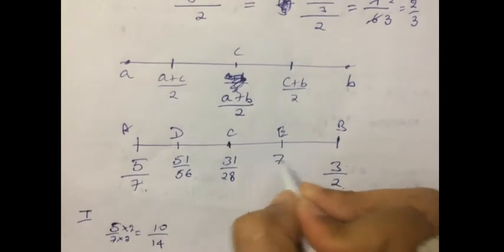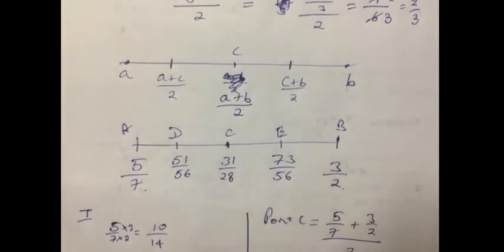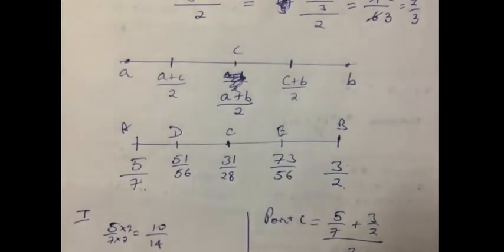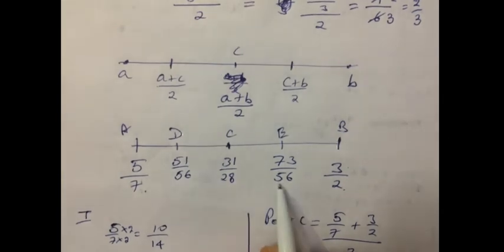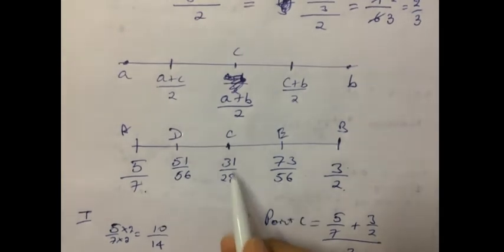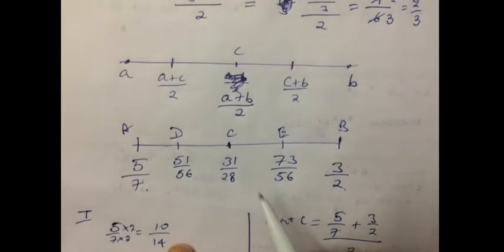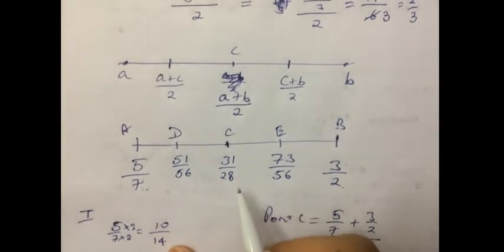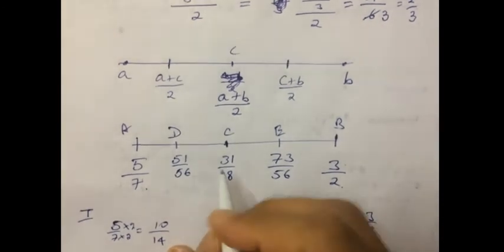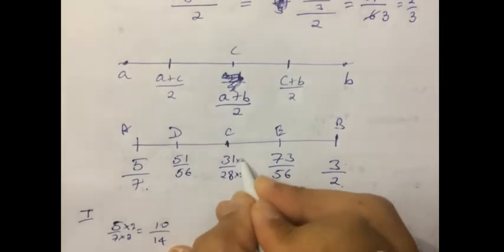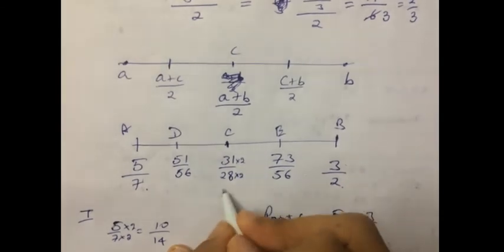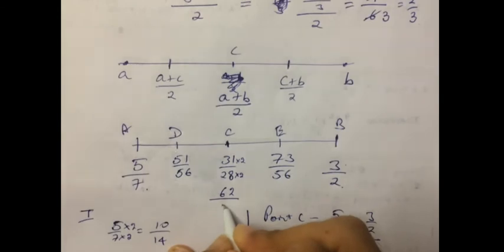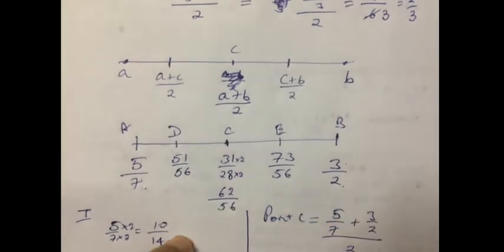We can write it over here, 73 upon 56. And if we want to write this also with the denominator 56, we just need to multiply both the numbers with 2. So we can multiply this with 2, this also with 2. It becomes 62 upon 56.